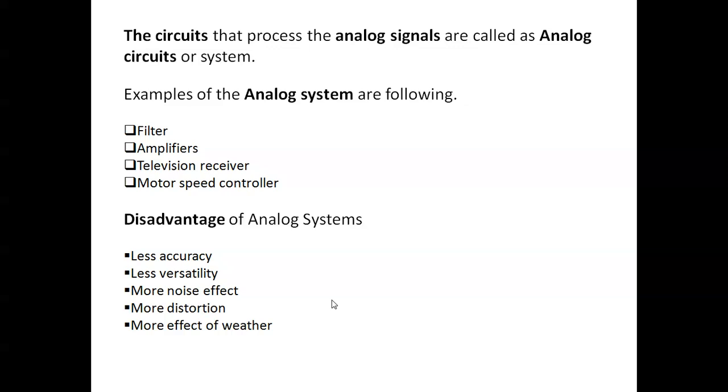More noise affects the analog system, and when the noise is more, distortion automatically comes. Also it is affected by weather.